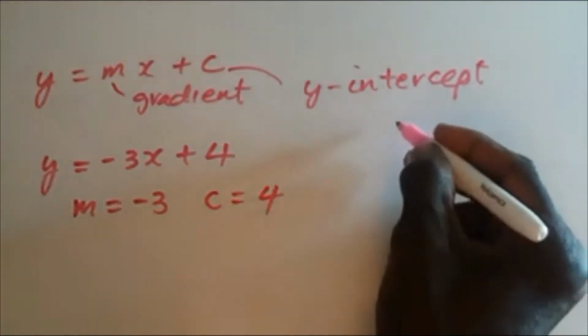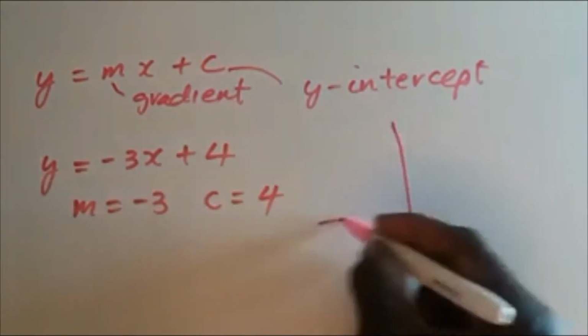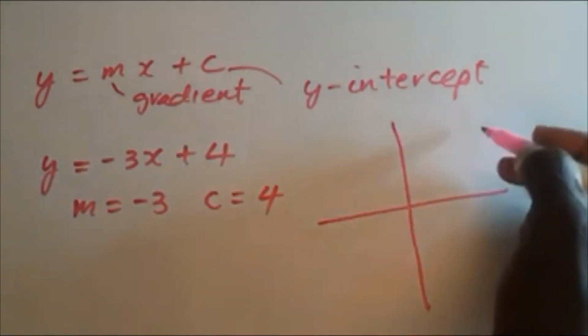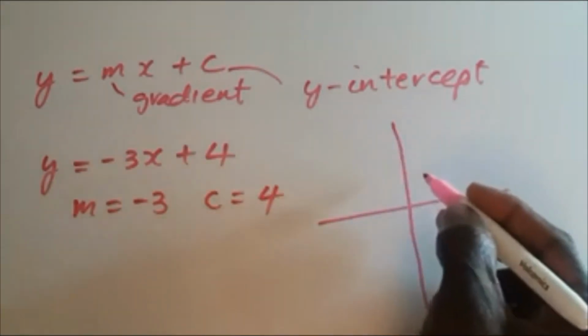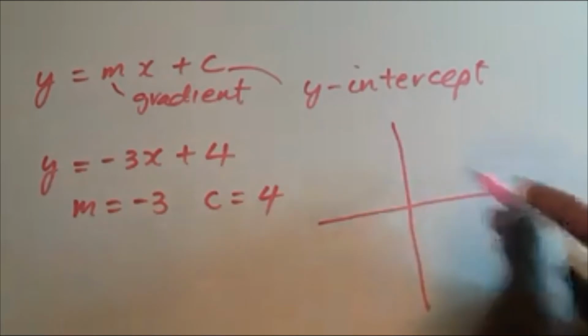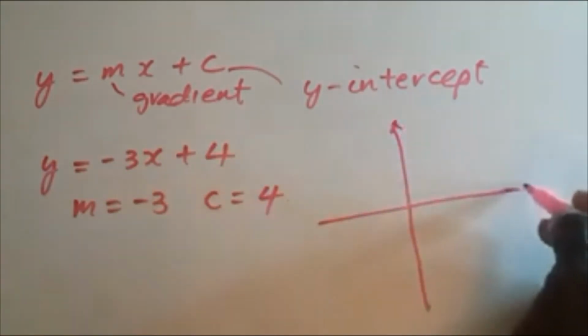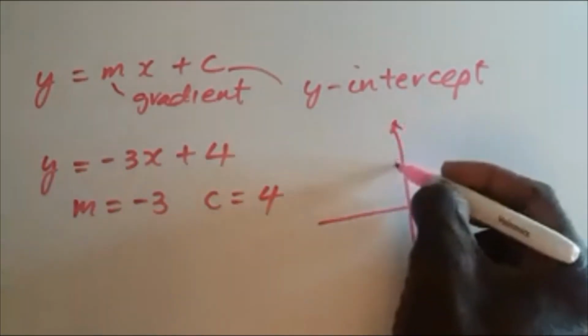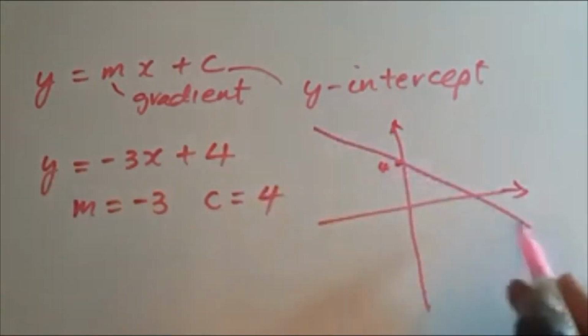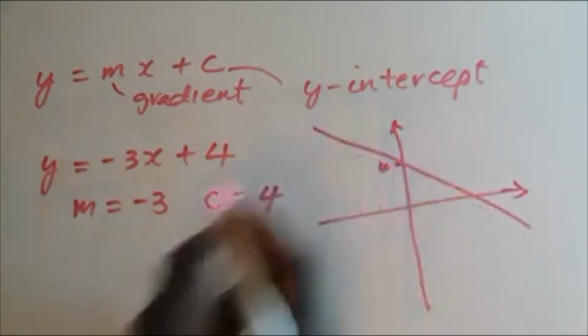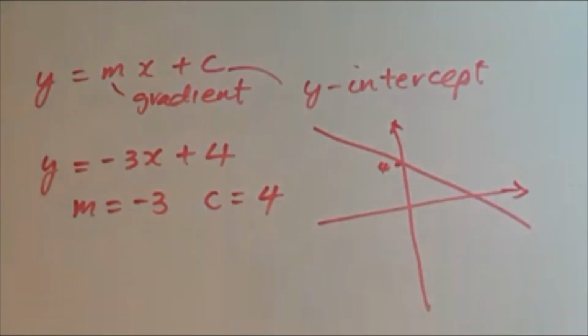Now this graph will be slightly different. Instead of rising, it's actually going in the opposite direction. If we have this as 4, we have a line cutting across something like that. Y-intercept being 4, gradient -3.